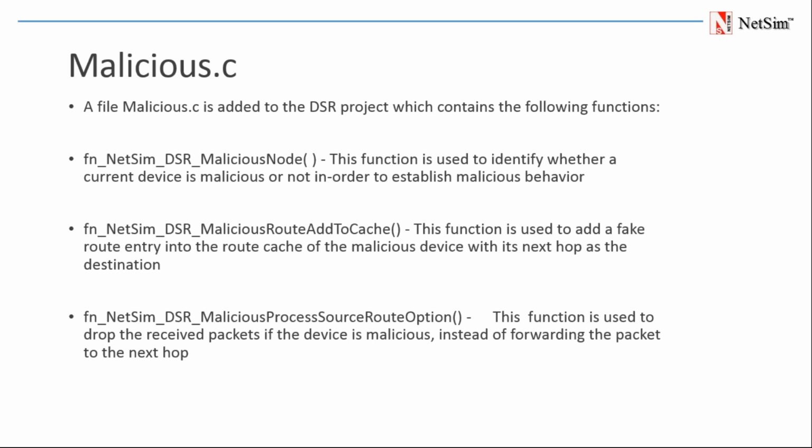The second one is malicious route add to cache. This is to add a fake route in the network to establish connection from the source. And the third function is malicious process source route option. That is to drop all the packets received from the source, instead of forwarding them to the destination. So this is the main function we use in the malicious.c file.